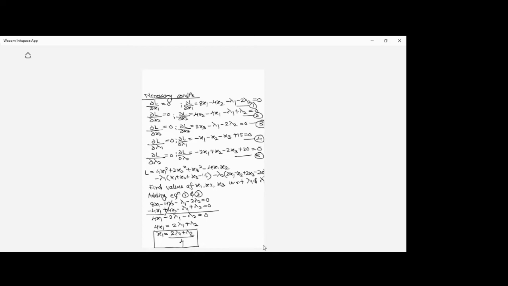Now focus on your equation number 3. Sorry, we have got x1 right here. So can we find out the value of x2 as well? x1 I have found out, and if I put the value of x1 in equation number 1, I can get the value of x2 in terms of λ1 and λ2, right? So let's repeat this.